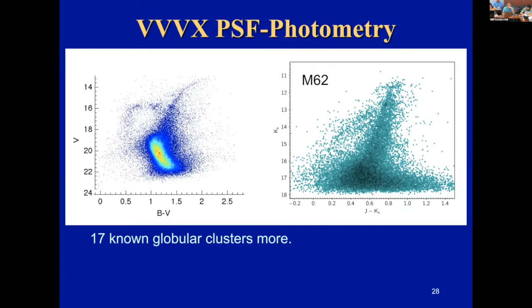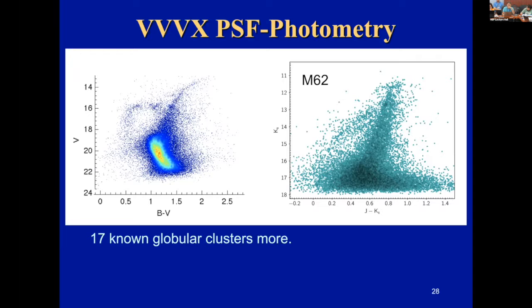We can also start looking for new clusters, like Jura is doing for open clusters. I think that Sebastian is going to show some of those new results. Dante has been looking for undiscovered globular clusters there too.